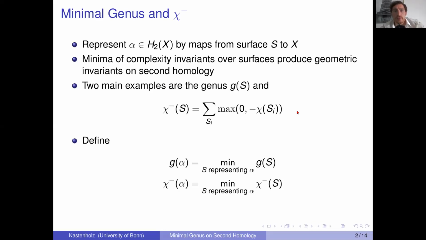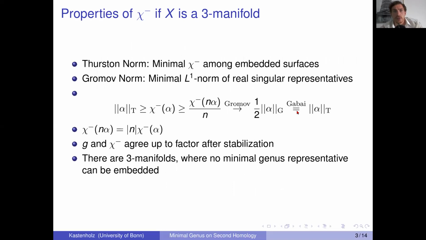In the case of 3-manifolds, there's actually a lot known about chi minus and embedded chi minus. Namely, this embedded chi minus already has a name: it is the Thurston norm. This is the minimal chi minus among all embedded surfaces, while our chi minus just uses arbitrary maps.